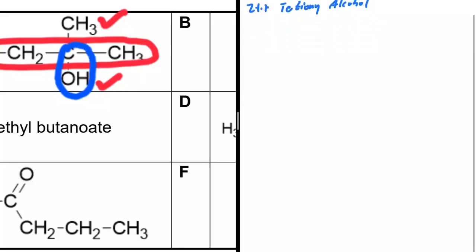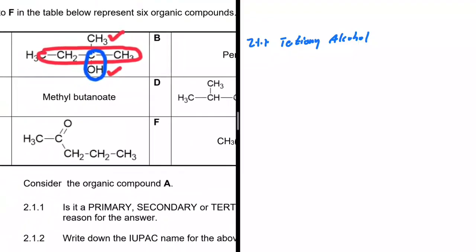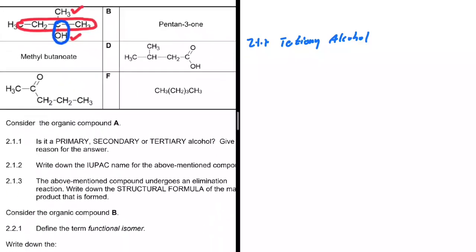The carbon that is bonded to OH is bonded to 1, 2, 3 carbons, right? If the carbon that is bonded to OH is bonded to 3 carbons, it makes it a tertiary alcohol. If it was bonded to 2 carbons, it would make it a secondary alcohol. And if it is only bonded to 1 carbon, it would make it a primary alcohol. So it is a tertiary alcohol because the carbon bonded to OH is bonded to 3 other carbons. There we go. So that is 2.1.1.